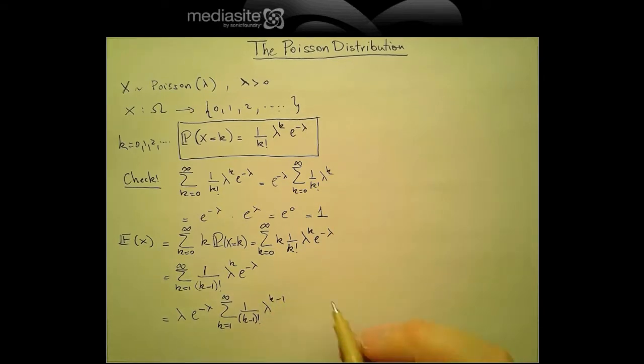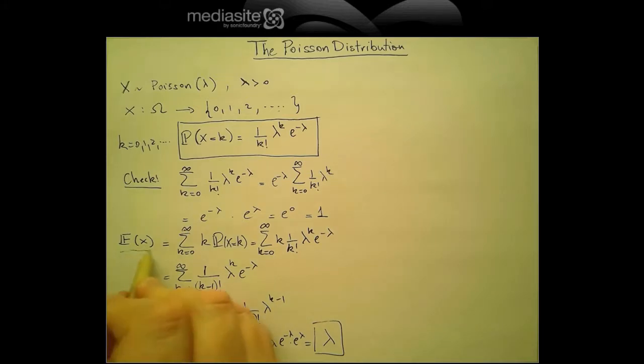Now I'm going to change variables: let j be k minus 1. So if k is 1, j is 0, and the sum is j from 0 to infinity, 1 over j factorial lambda to the j. But this is e to the lambda again, so that cancels, and we get lambda. So the expectation of the Poisson distribution is just lambda. That's the parameter.